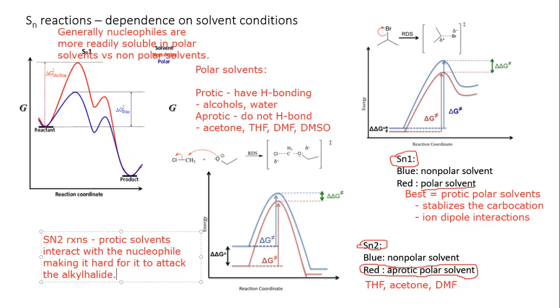For SN2 reactions, we prefer aprotic polar solvents such as THF, acetone, DMF, because protic solvents may interfere with the nucleophile, making it harder for it to attack the alkyl halide. And again, if you take organic chemistry, you'll go a lot more in depth on why.